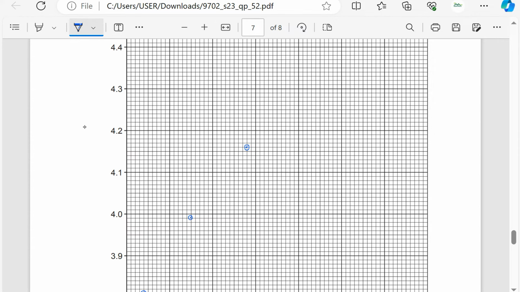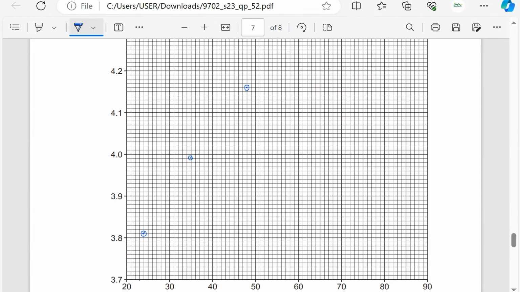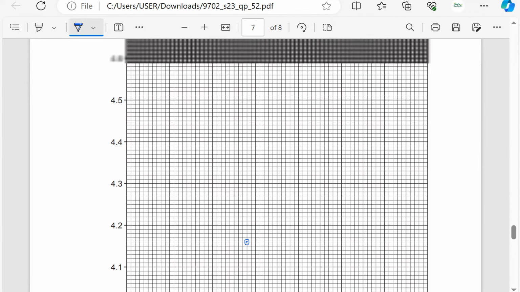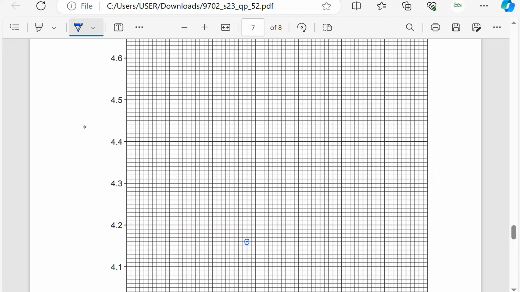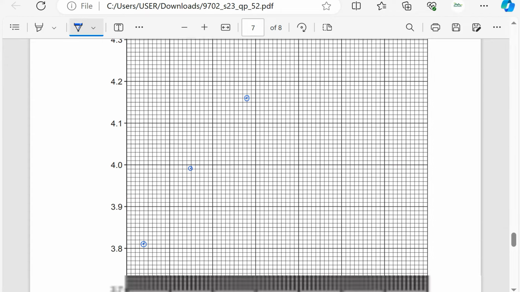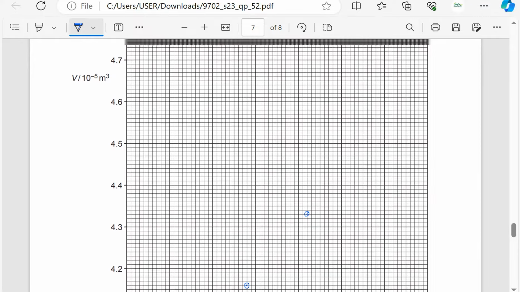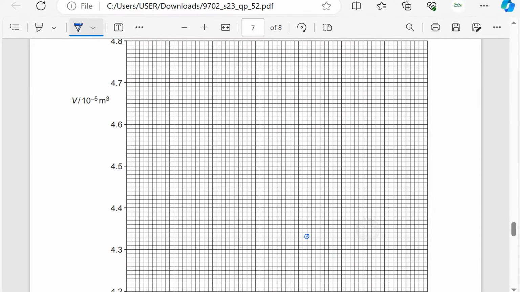The next point is 62 against 4.33. So 4.3, 1, 2, 3, 4.33 is here. Then the next point is 73 against 4.48.